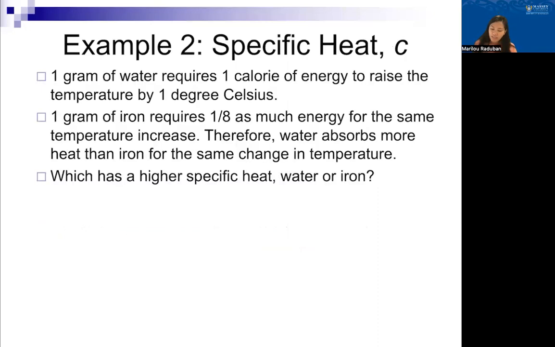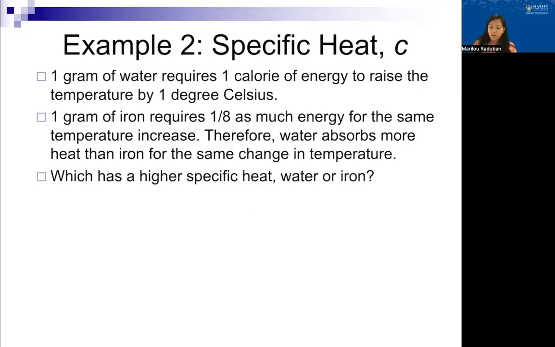Okay, second conceptual example. 1 gram of water requires 1 calorie of energy to raise the temperature by 1 degree Celsius, whereas 1 gram of iron requires 1/8 as much energy for the same temperature increase.